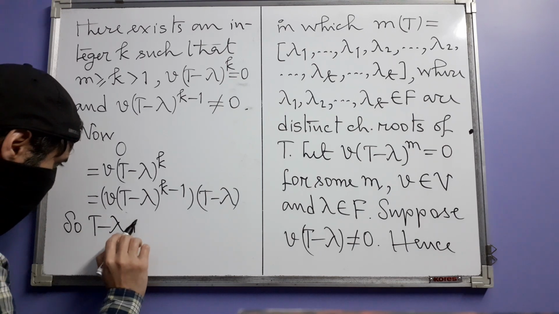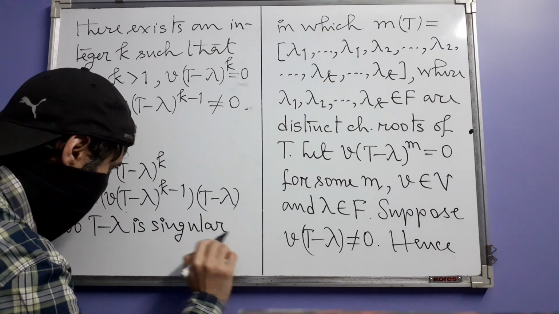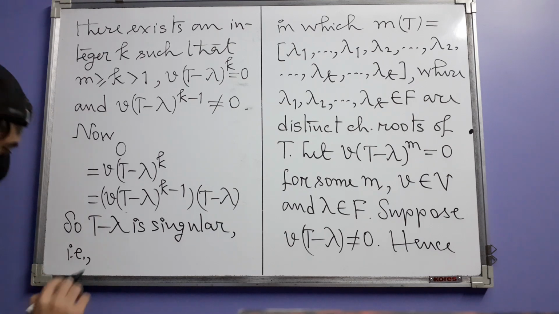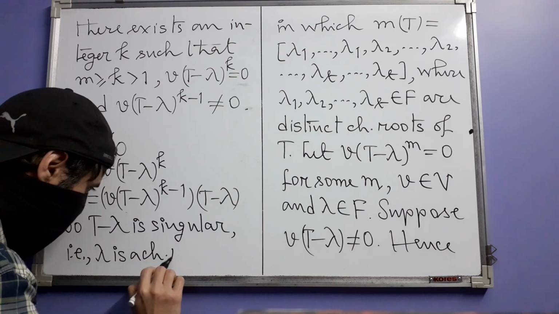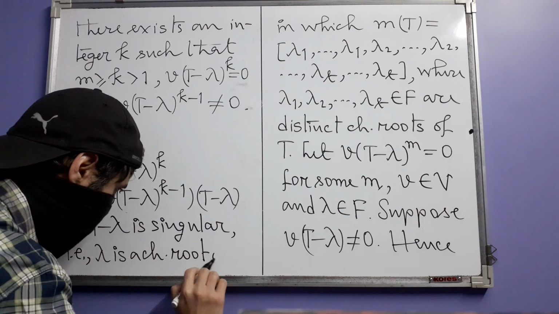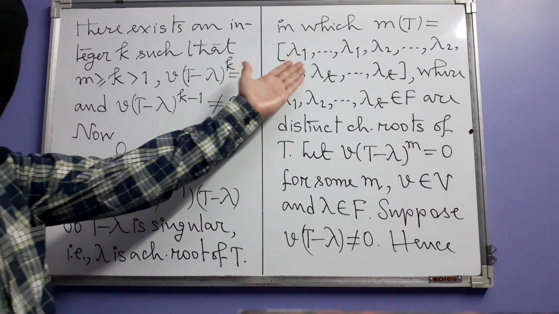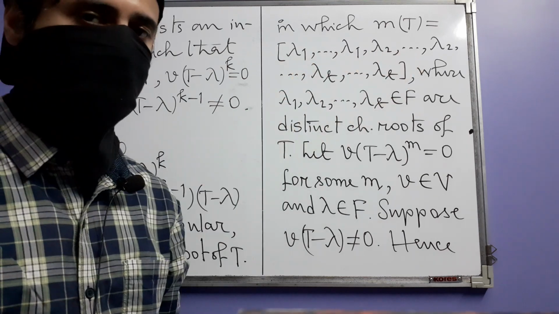T minus lambda is singular. In other words, lambda is a characteristic root of t, but we know what the characteristic roots are. That means this lambda must be one of these.